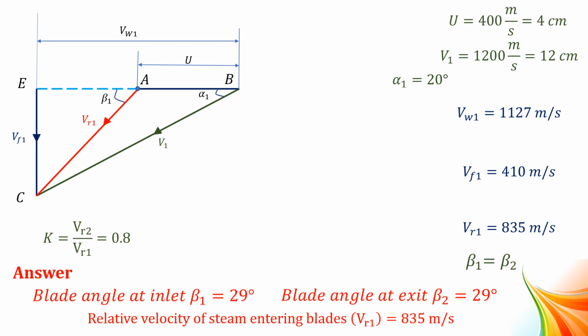In our problem, they have given the blade velocity coefficient K equal to 0.8. We know the formula for blade velocity coefficient K equal to VR2 by VR1. Now substituting the value of VR1 in this equation, we get VR2 equal to 668 meters per second.